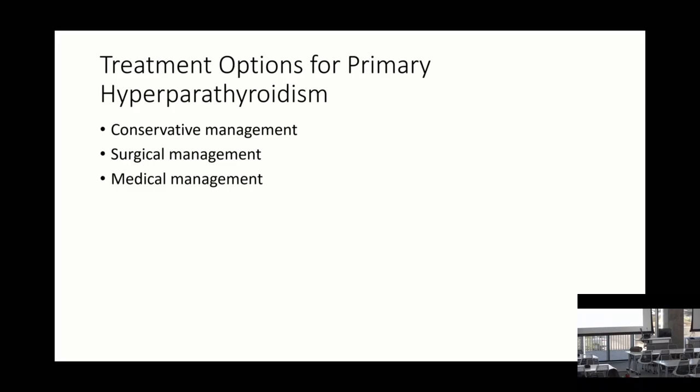Then there's a medication called Cinacalcet, or Sensipar. Cinacalcet binds to the calcium sensing receptor to make it believe that there's more calcium than there is, so that it tries to reduce the amount of PTH production. But again, you don't really need to know the details of all of this. Just know that there is a medical management option for primary hyperparathyroidism. Some of these are things you're going to see in your Step 3, when you're actually doing clinical work.